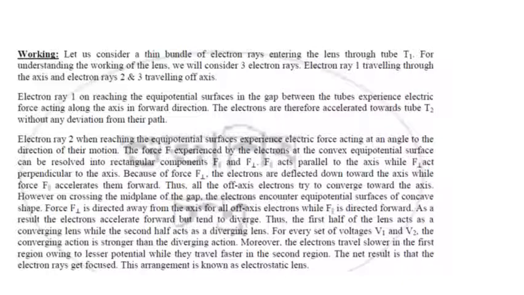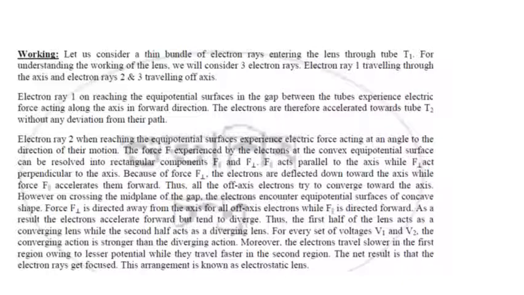We have discussed this. A thin bundle of electron rays enters the lens through tube T1. For the sake of convenience, we have shown here three electron rays: electron ray 1 through the axis, and 2 and 3 off the axis. Electron rays on reaching the equipotential surface in the gap experience electric force along the axis.